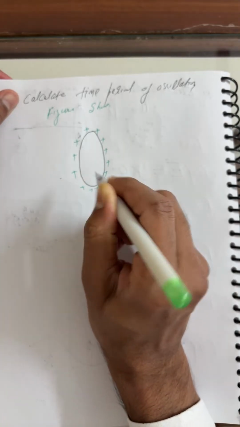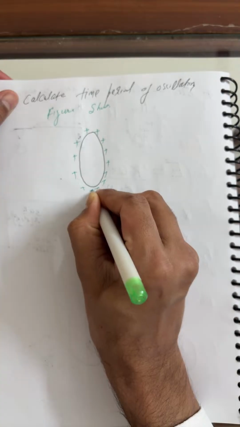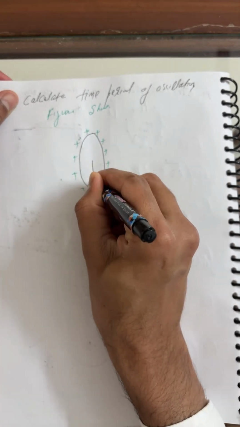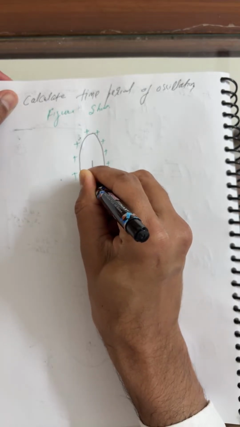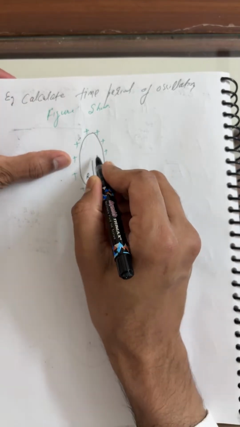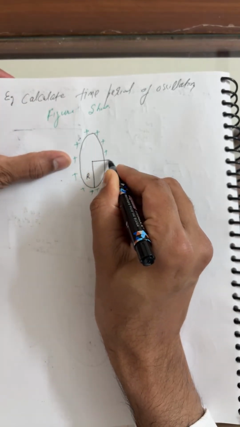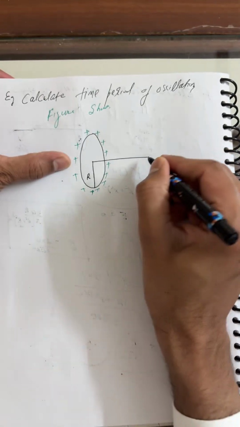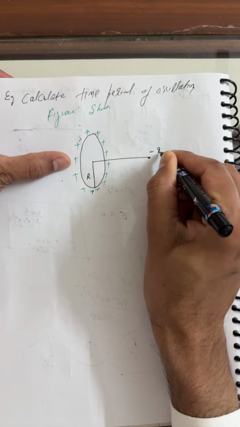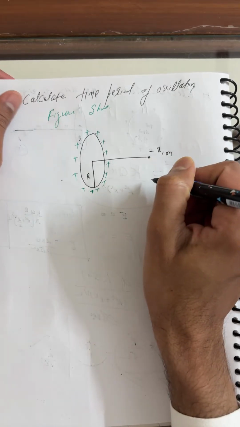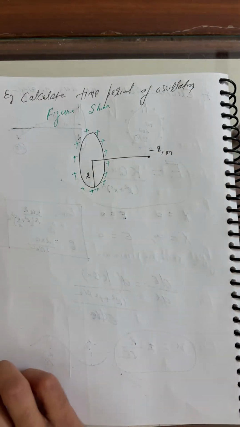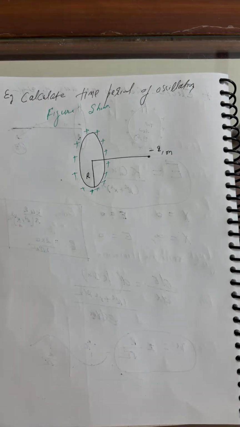Students, you can take R as the radius. From the center of the ring, at any finite distance z, I'm placing a charged particle of charge q and mass m. You need to find the time period of oscillation.